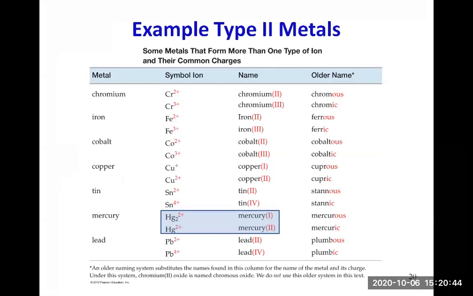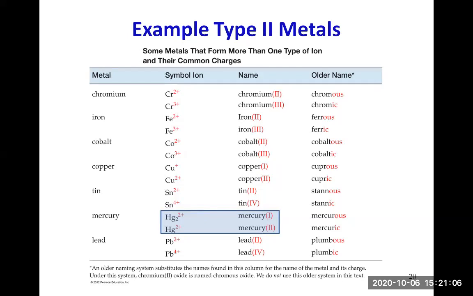So this table shows you examples of type 2 metals, the most common ones, and their most common charges. So like chromium, it can be 2+ or 3+, so that's going to be chromium(II) or chromium(III). So remember how the Roman numeral tells the charge on the metal.